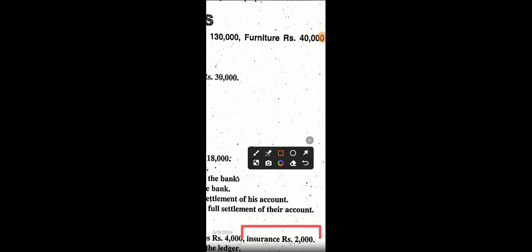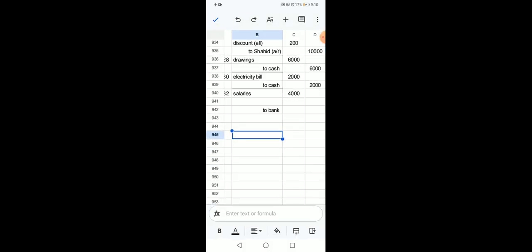For the next entry, insurance is being paid, and it is mentioned that expenses are paid through check. So you are paying insurance through check. When you make payment to the insurance company through check, the check would be given to the insurance company, and the company will present that check to your bank and withdraw the amount from your bank account.